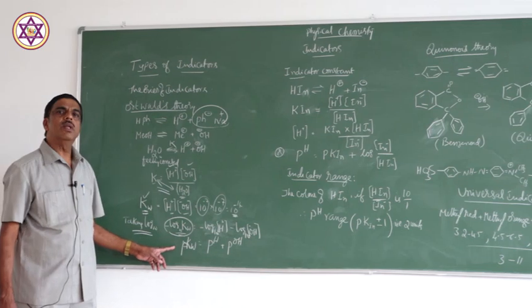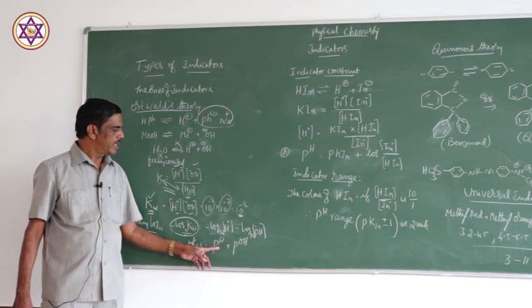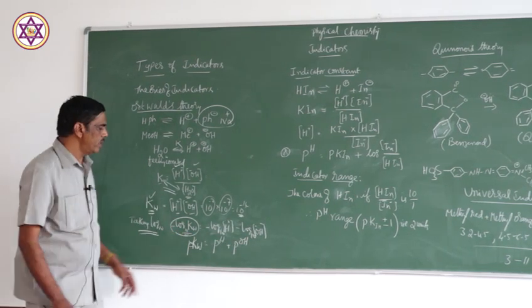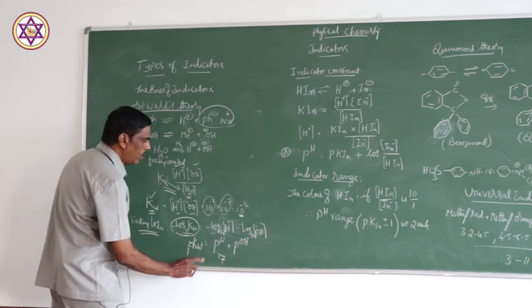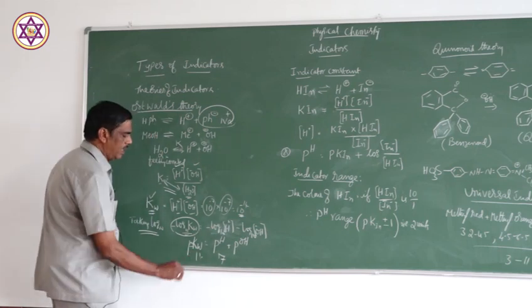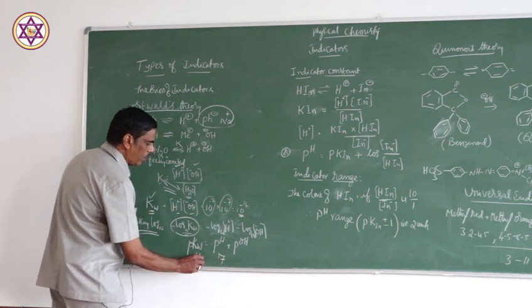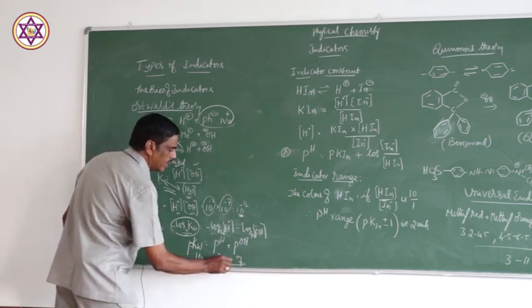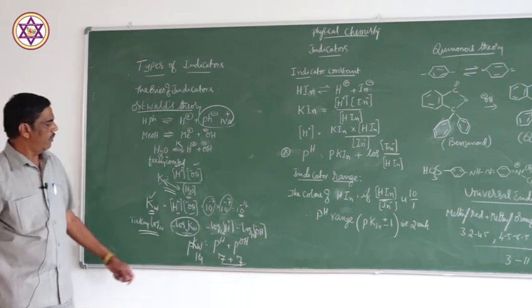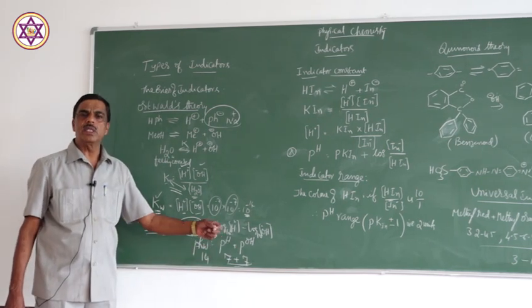Therefore, pKw is the sum of pH and pOH. pH is 7 and pOH is 7 at 25 degree centigrade, and pKw is 14 at 25 degree centigrade. Therefore, pKw is equal to 7 plus 7, so always it is 14. pH plus pOH is 14.